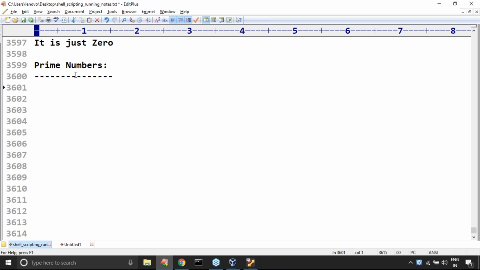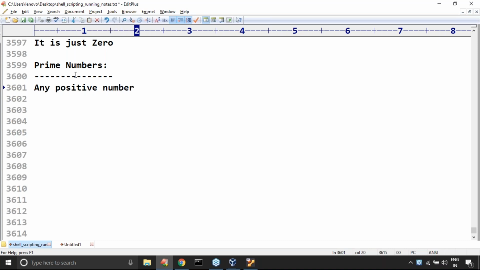The number which has exactly two factors: one and the number itself. Now observe this.